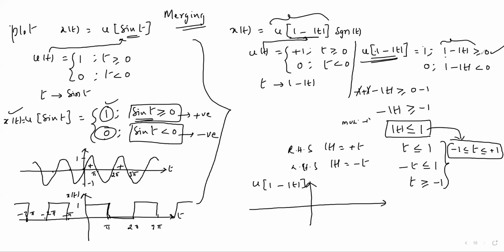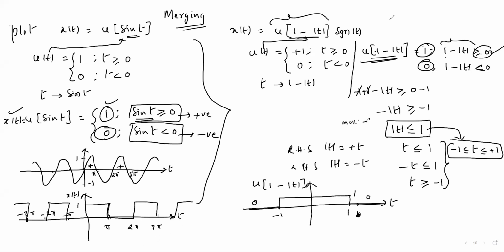From minus 1 to plus 1, the amplitude is 1. So we got a rectangular function for u of 1 minus mod t, with amplitude 1. Now this signal is 0 for 1 minus mod t less than 0, which is the complement or inversion of that one. All the remaining is 0.